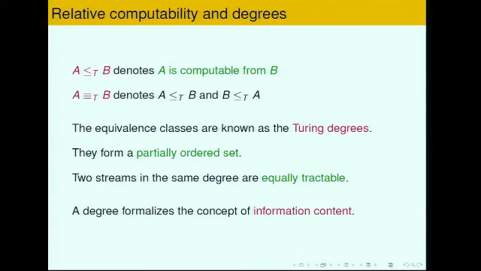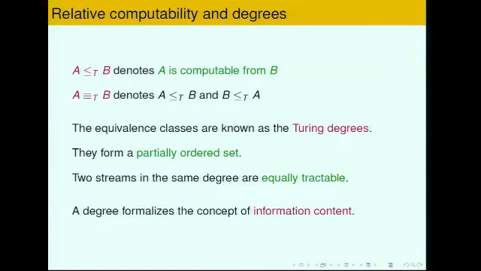Right. So the main reducibility here is Turing reducibility. A is Turing reducible to B if A is computable from B. So there is a program which issues queries to B, and if it receives the right answers, then it outputs the answer about A.